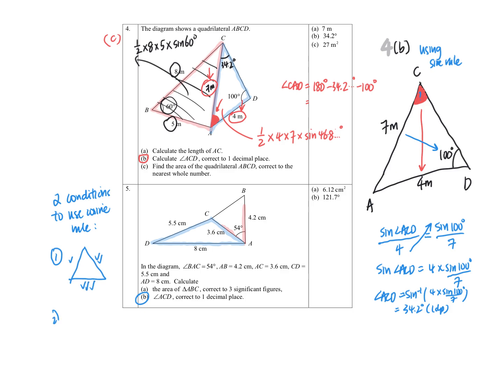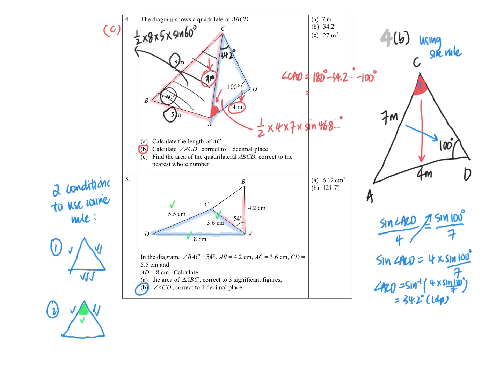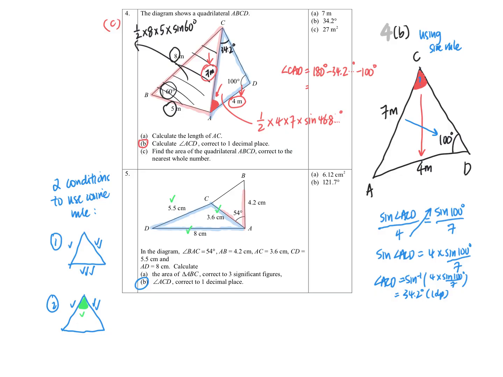Or when you have a triangle, you have two adjacent sides and the angle in between given to you, you will use cosine rule. If it's none of these two, there must be sine rule already. So you look at this question, they give you all three sides. So must be cosine rule. So the angle that they want you to find is this one.